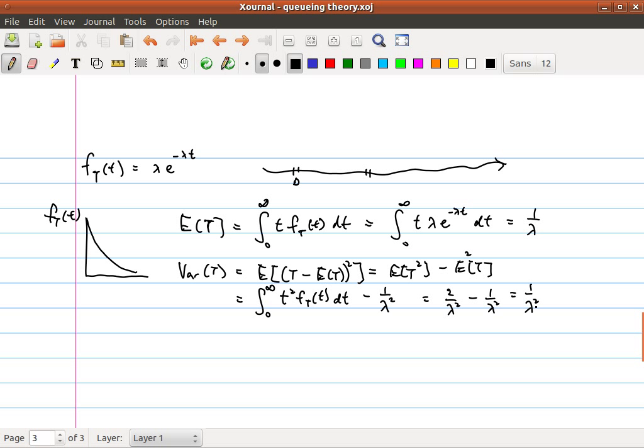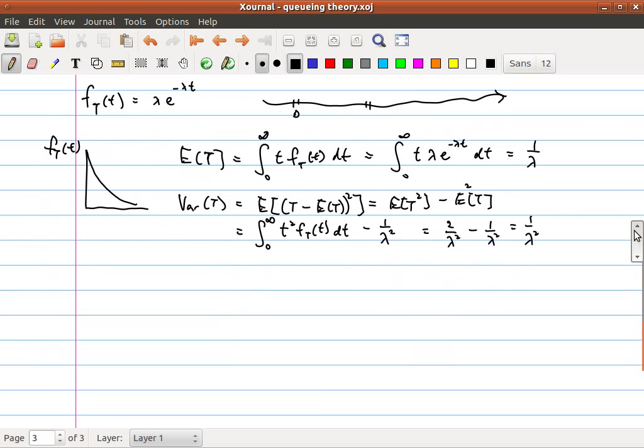And actually we can find this kind of moment, in general the expectation of t to the m, just by computing the moment generating function.